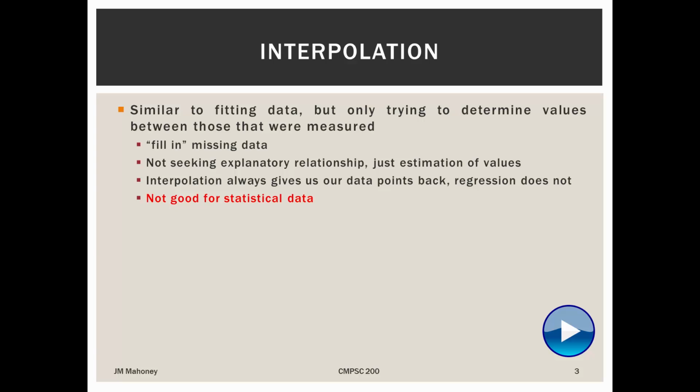Interpolation is not going to work for that. This is only good if we're running a single experiment. We don't want what I'll call statistical data, or a lot of samples around that same point. This is only good for one experiment, and we'll see what that type of data looks like.